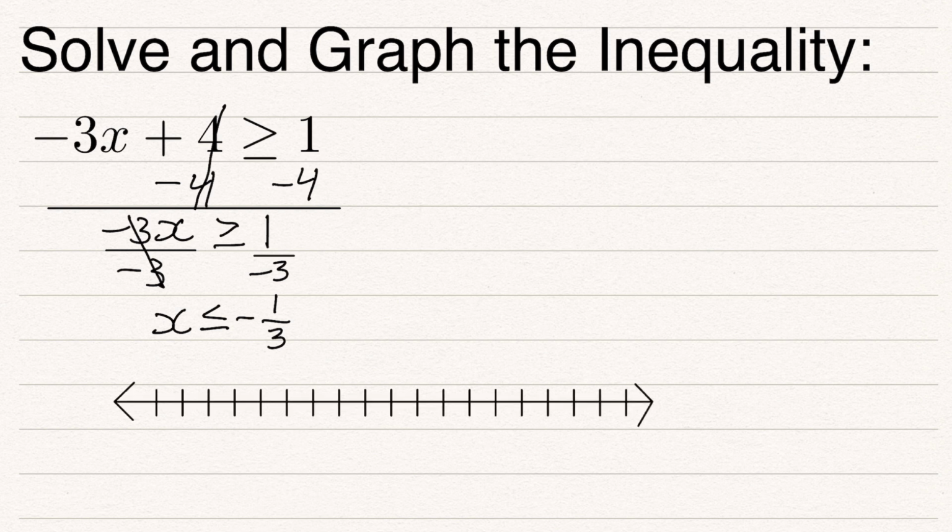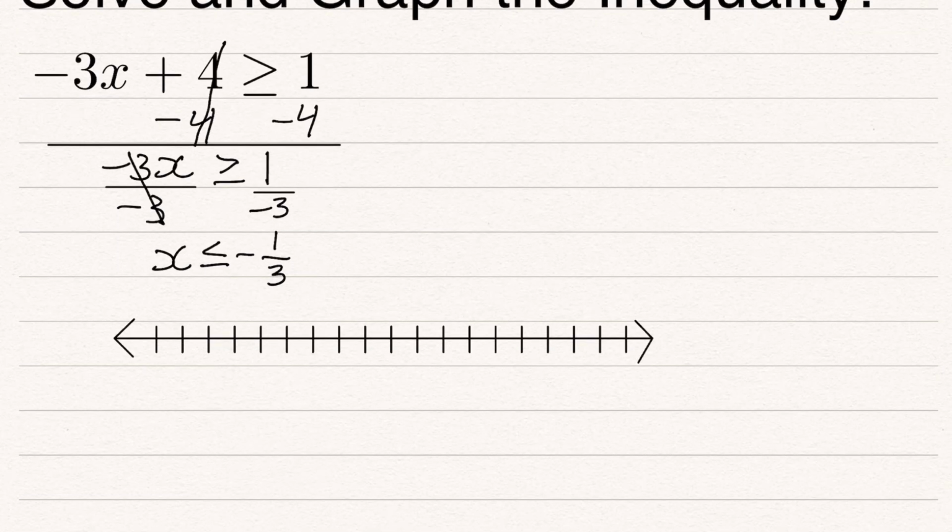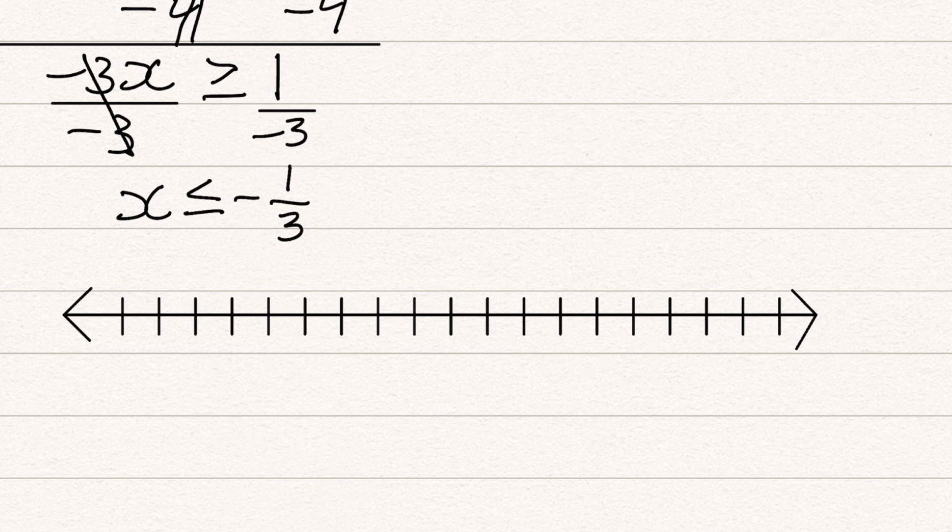Now we use a number line. You can sketch a number line using a ruler, and that's all you need to graph it, just a ruler and pencil. To make this easy to graph, we pick the scale on this number line. 1/3 is a fraction, so it would be difficult to graph if we're using a scale where this is 0, this is 1, this is 2, this is 3. We'd have to estimate.